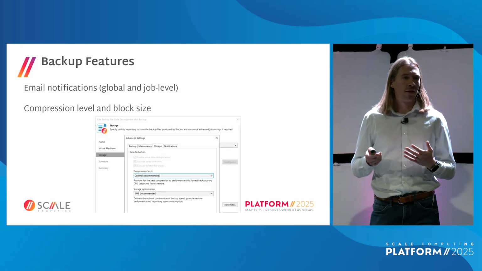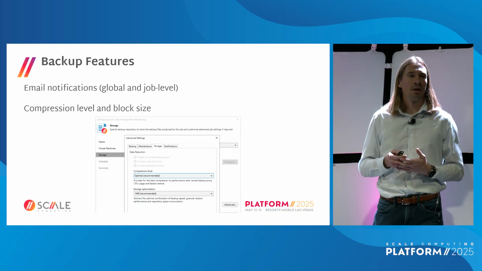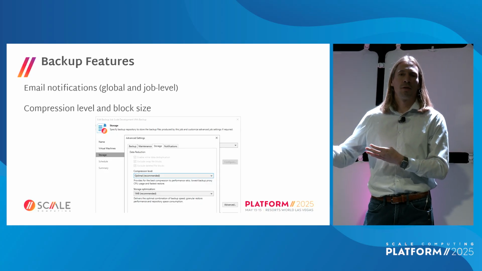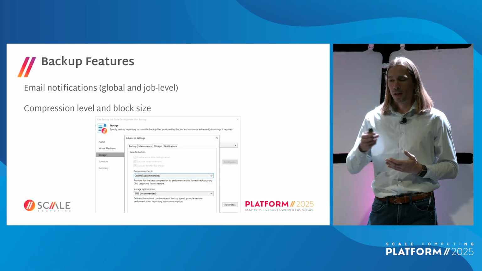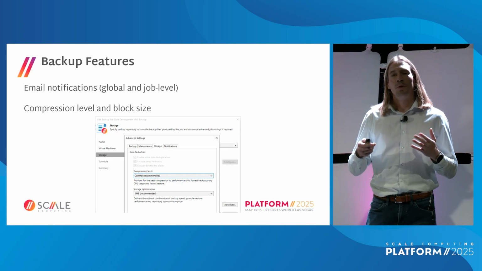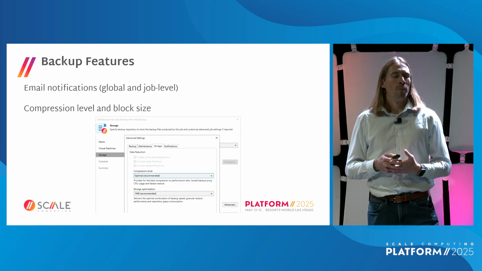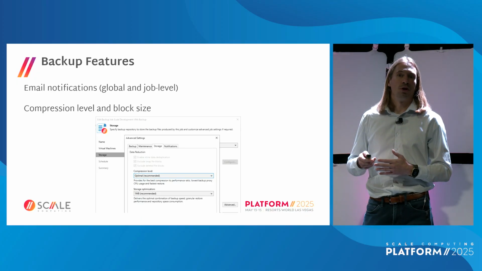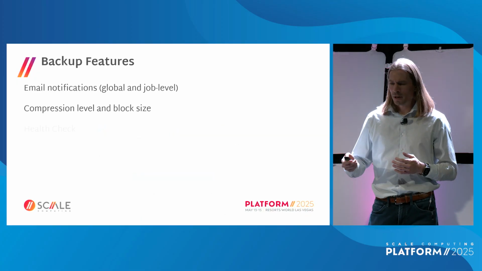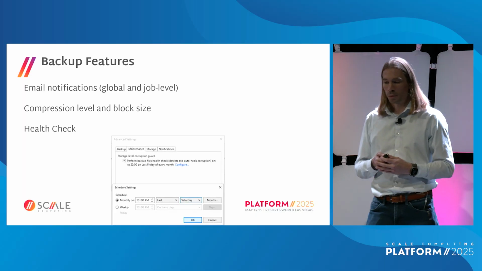Compression is essentially these zip type libraries. You can have additional compression at the cost of some CPU, and you're able to choose what the block sizes are that we're reading, which essentially determine what kind of storage we're using for that particular backup set. So these are all common options, and of course they're included in version 1.